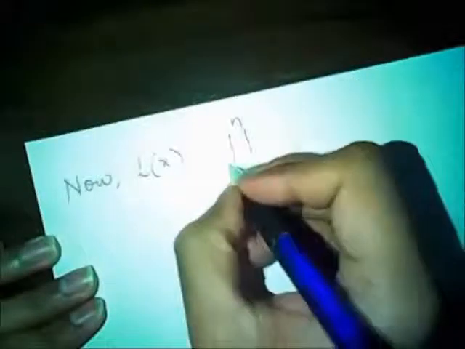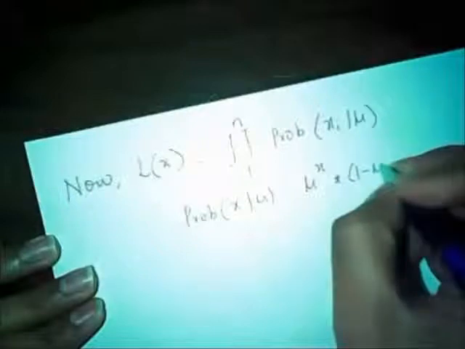Now we have the likelihood function as a product of these terms, and as we already know, the probability of x given mu was mu to the x multiplied by 1 minus mu to the 1 minus x.